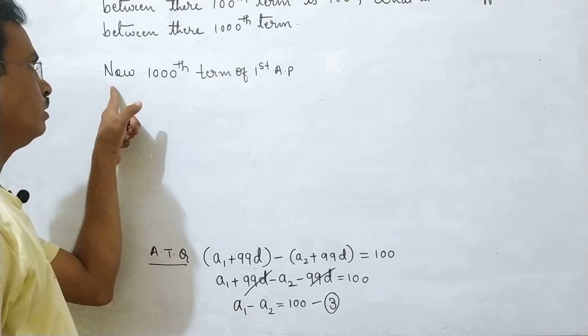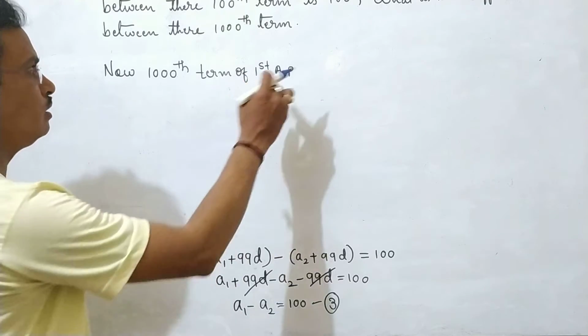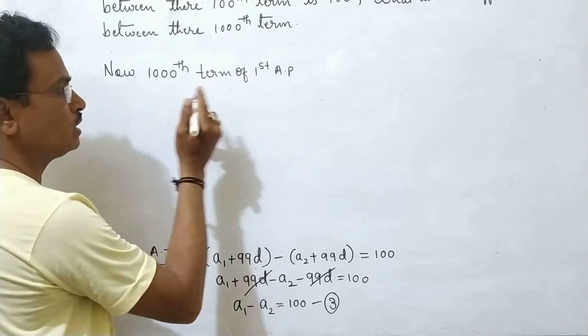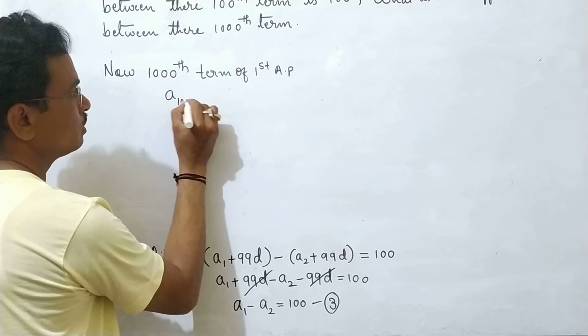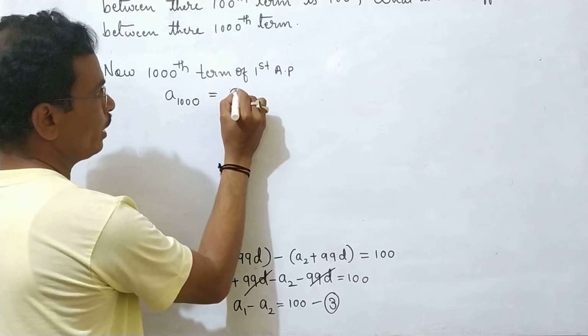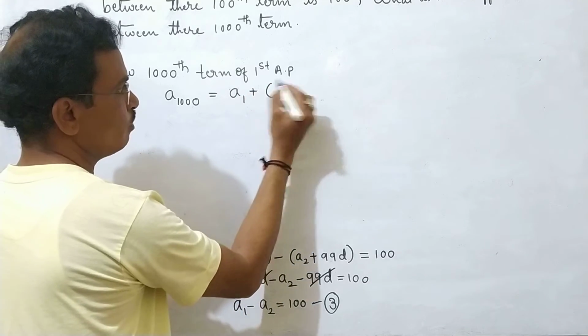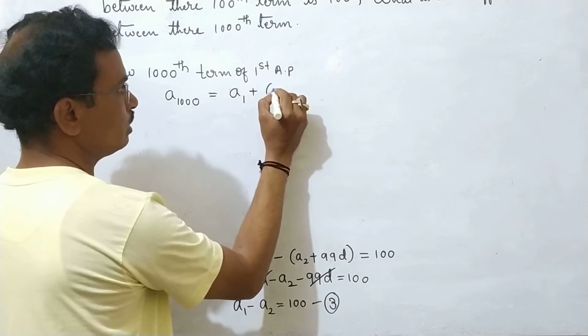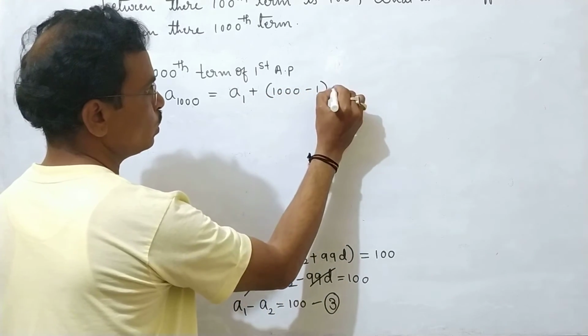Next point, the thousandth term of the first AP. A1000 is equal to A1 plus (n minus 1) into D, where n is 1000.